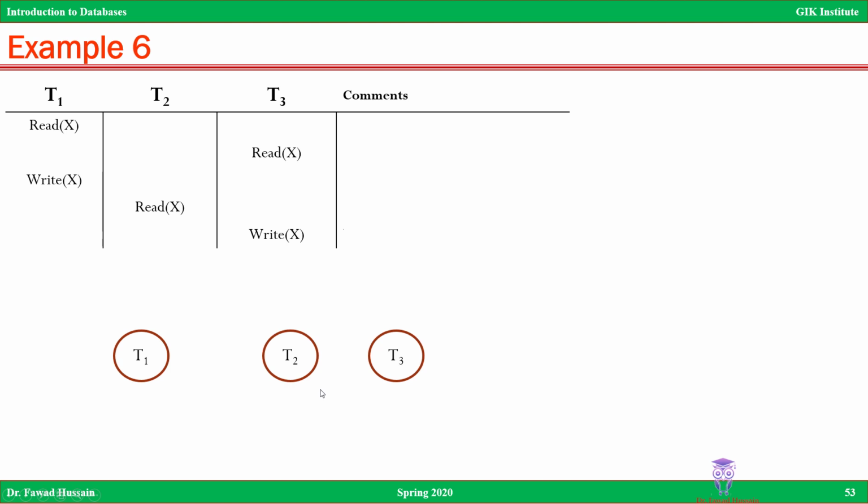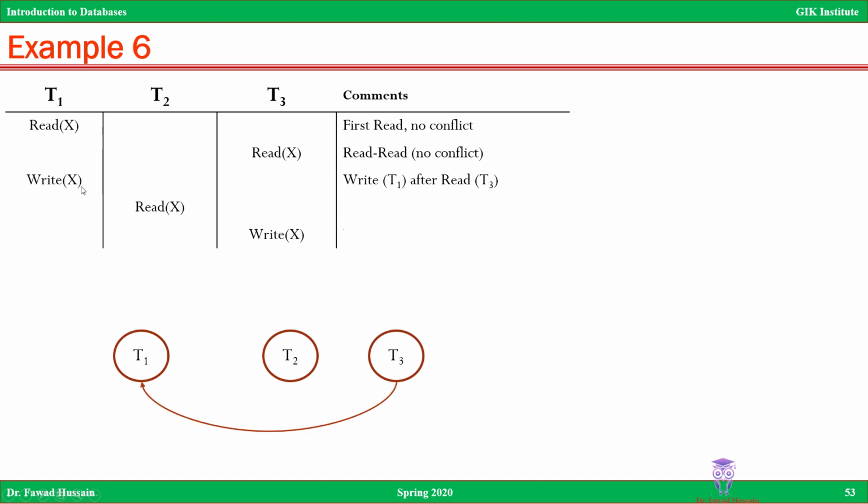And a final example is we have this. So let's try to solve this. We have a read X. So in this case, it is the first read, there is no conflict. We have a second read, it's a read after read, so there is no conflict. The third one, there is a write after read, so you see there is an edge over here. And then we have a read after write, so there is an edge from T1 to T2.